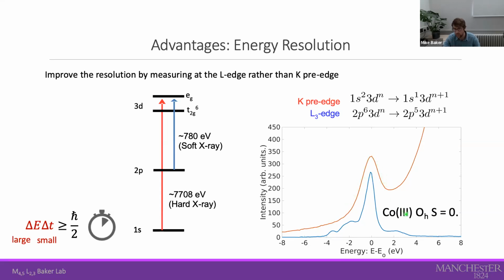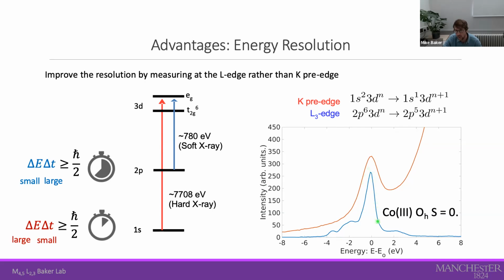In this case, cobalt 3+ low spin, so we have unoccupied eg orbitals only. However, if we come in at a 2p to 3d excitation, much lower energy now, soft X-rays, the core hole lifetime is much longer, and this means that the energy resolution or lifetime broadening is narrower.